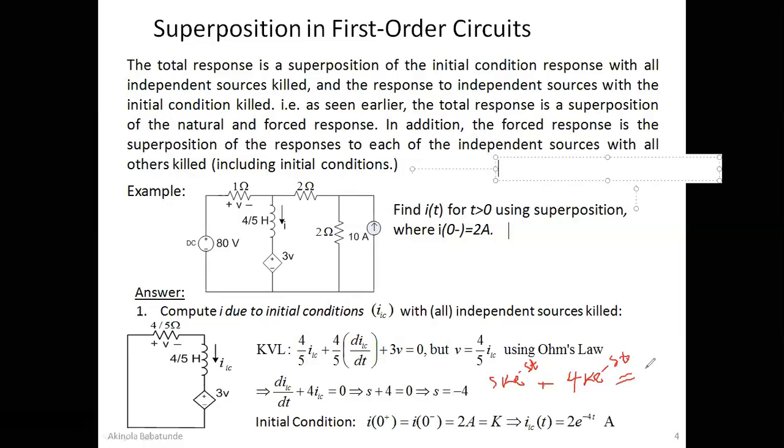This is how to find the natural response, because you would assume the solution for the natural response. If you assume that solution, that means you're assuming that your i_N, which is the natural response, will be equal to K exponential S.